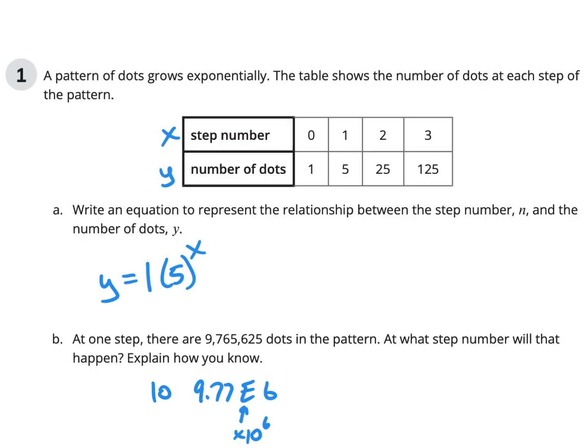So what we do from here is scroll down to 10 and then right arrow over, and in the bottom it will say y1 equals 9765625. So this tells us when x is 10, at step 10, that's when we get our 9.7 million dots.